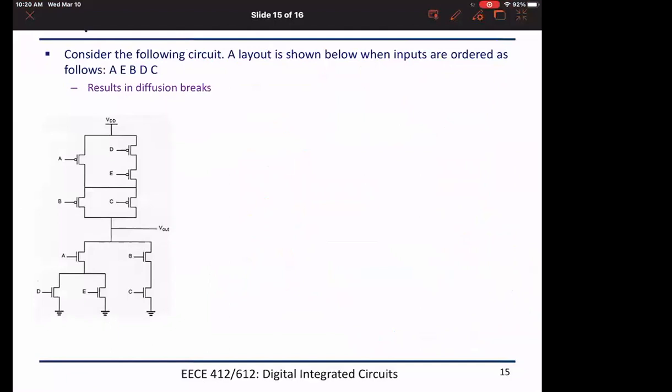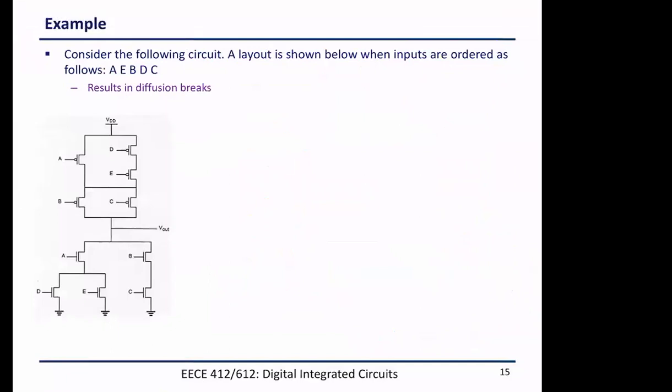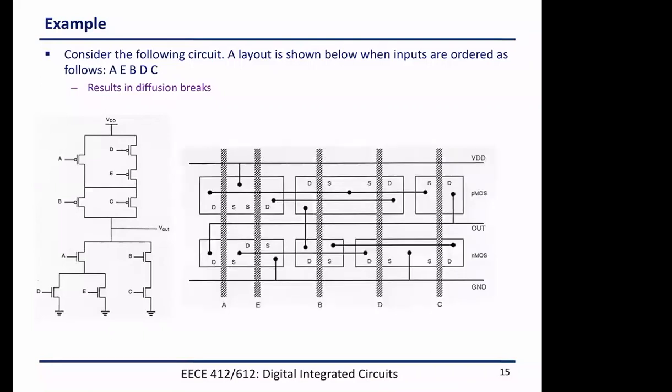Okay, so now we have this example with the circuit, and they're telling me that a layout is shown when the inputs are ordered A, E, B, D, C. It's clear that for this layout, it is going to be disjoint.